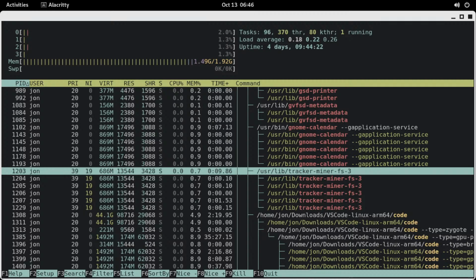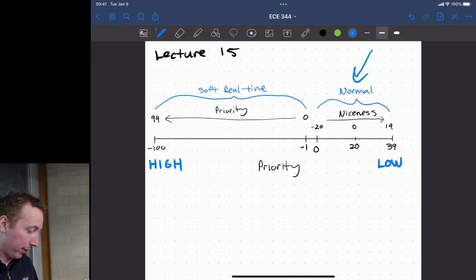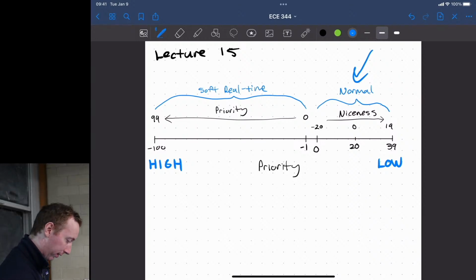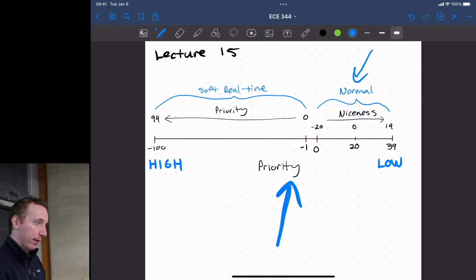Yeah, so the priority number in the third column there corresponds to this big global priority number. This is the global priority for the Linux kernel, where if it's negative, it's soft real-time, and if it's 0 or above, it's a normal process. And then this, annoyingly, is the soft real-time priority, which was between 0 and 99, where higher meant a higher number.